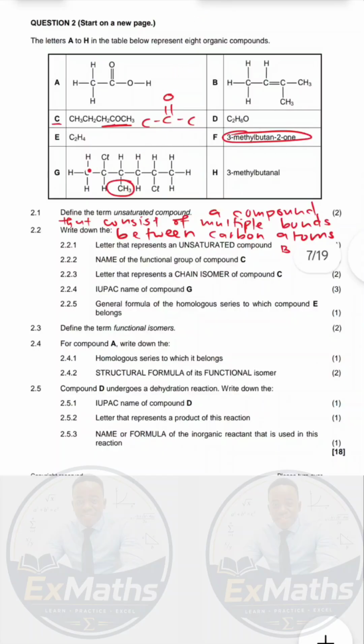I'll start numbering from left to right and check which one is the best name for us. Then I'll do right to left. Starting from this side, this is our carbon number 1, 2, 3, 4, 5, 6. What we have here is the methyl and the chloros.